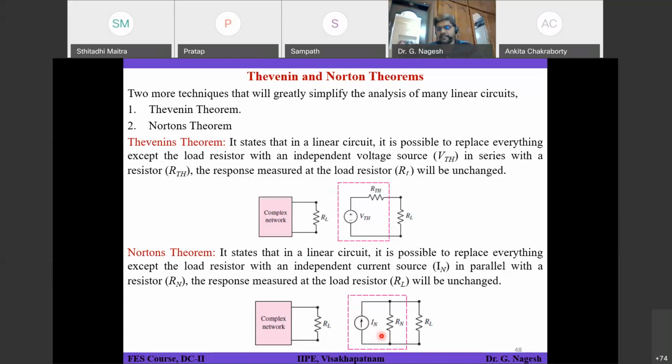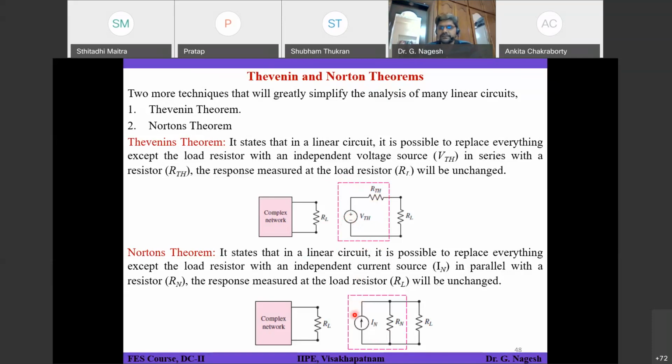Okay. In other way, if you see, you are simply converting the Thevenin equivalent voltage. If you see in the Thevenin's equivalent circuit, you have VTH with RTH. If you apply source transformation to this, what happens? You will have a current source in parallel with a resistance.